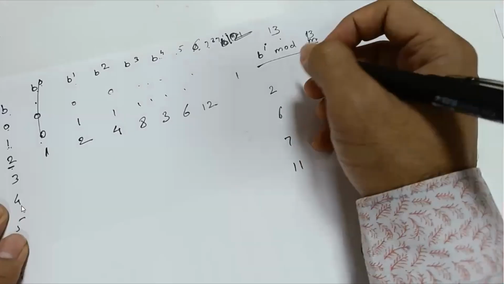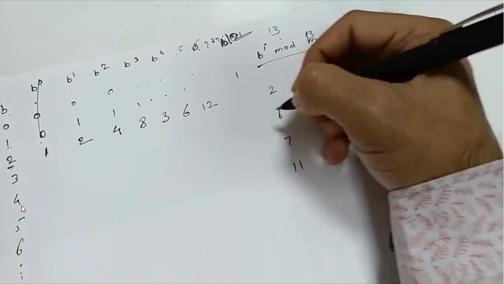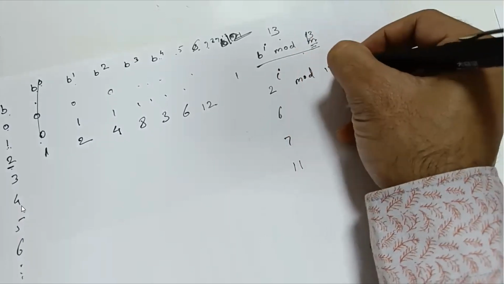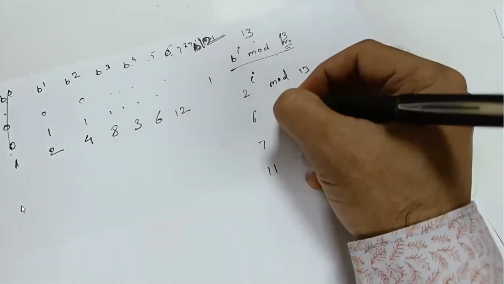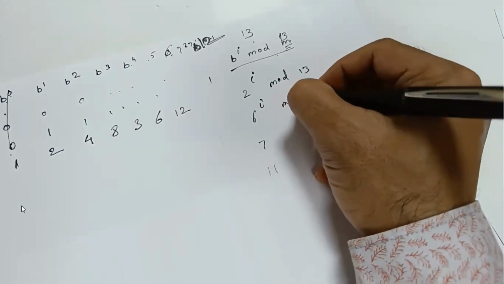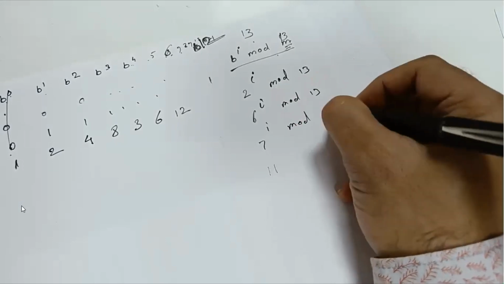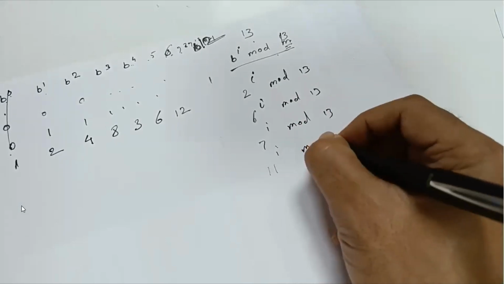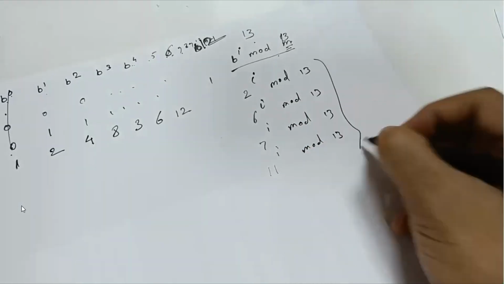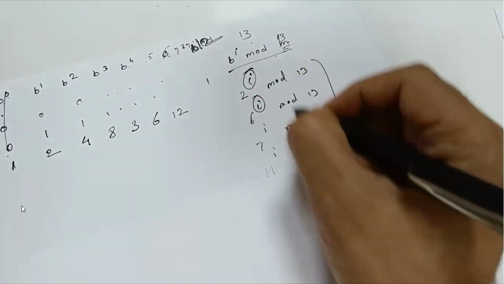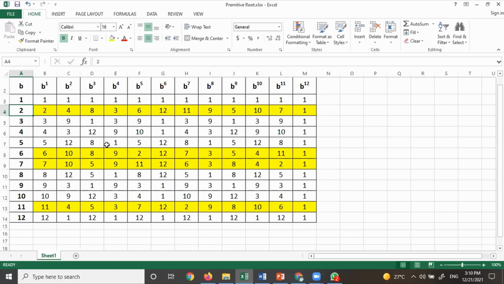If you do the operation B raised to i mod 13, or 6 raised to i mod 13, or 7 raised to i mod 13, or 11 raised to i mod 13, for all these operations the values will be unique, as we have just checked. These are i values, which will be completely unique.